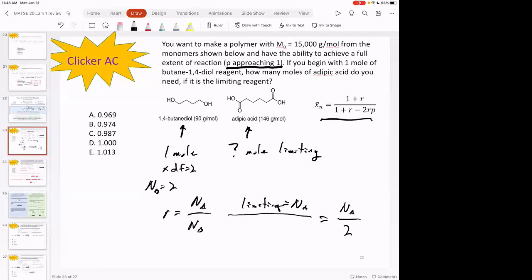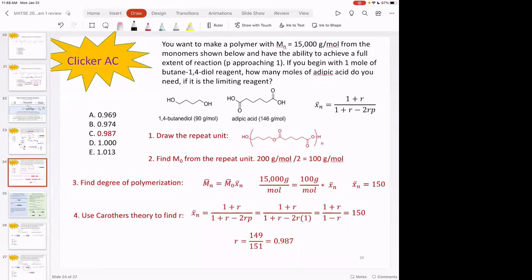And so how do I figure out R? What do I need? I need to figure out XN. So I need to figure out the polymer. Right? I need to figure out the repeat unit structure and how many repeat units are in an Mn 15,000 grams per mole polymer. So we draw the repeat unit. This, of course, is going to make a polyester.